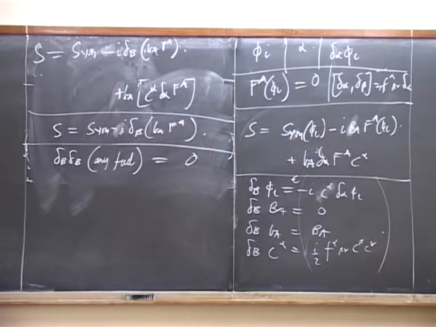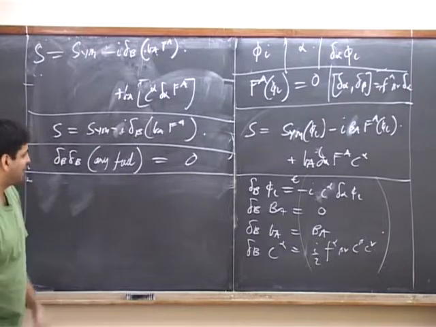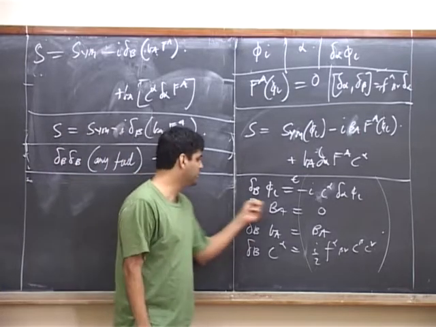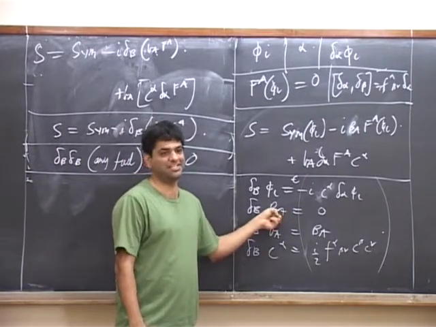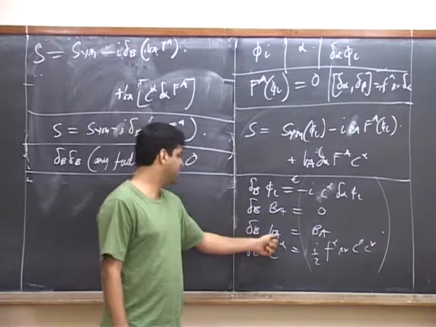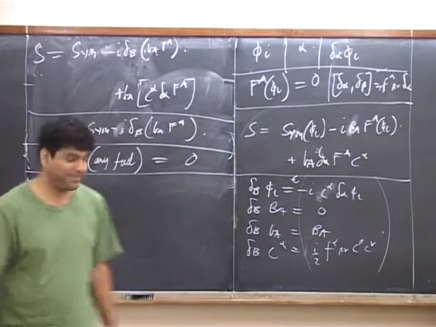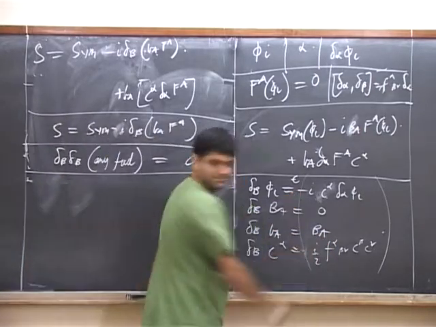Let's check this field by field. First let's discount the simple ones. Let's do it on BA. Since one variation is 0, two variations are certainly 0. Let's do it on little BA. The first variation is BA, the second variation is a variation of BA, which is 0, so that's good. So the non-trivial ones are these two.